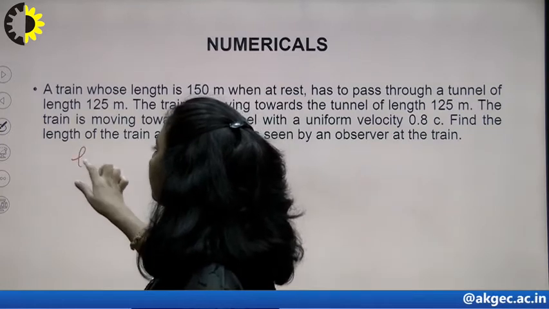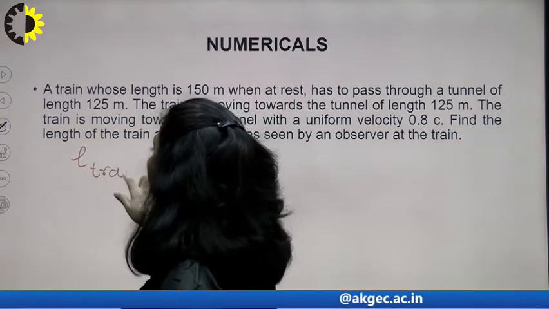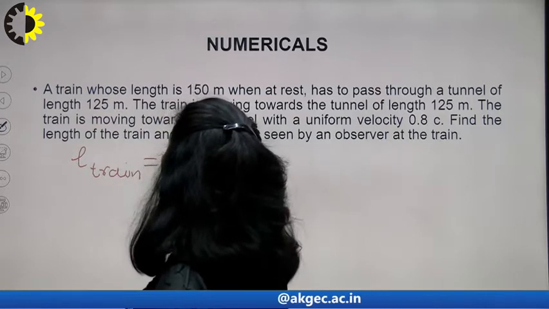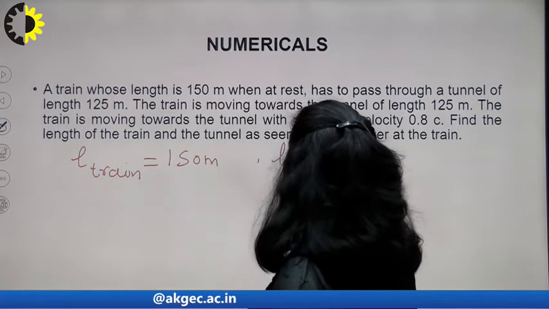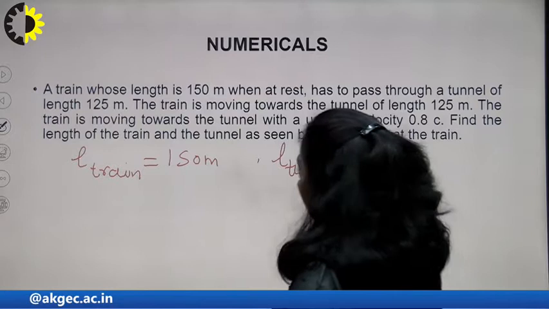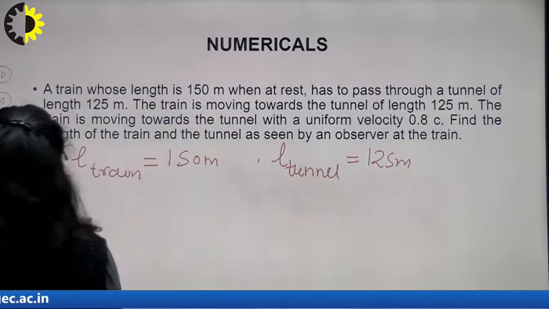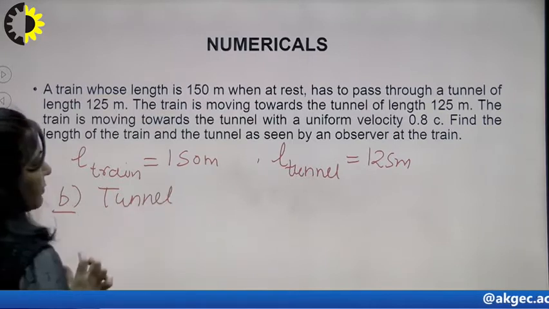Now the observer is in the tunnel, and you know the length of the train: 150 meter. This is the length when it is at rest, and the length of the tunnel is 125 meter. So that is given in the question. Now the second part is your observer is in the tunnel, right? This is the position of the observer.